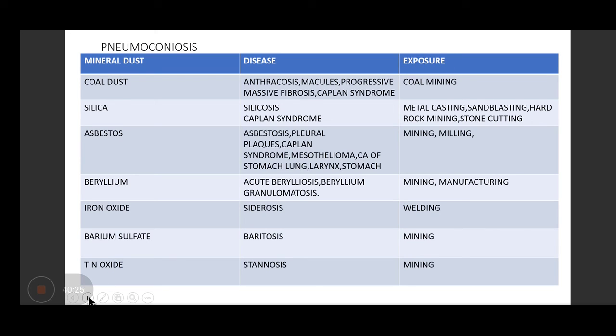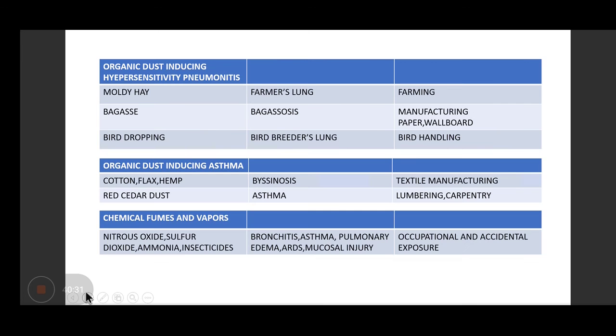For mineral dust, it can be due to coal dust, silica, asbestos, beryllium, iron oxide, also occupational history. And for organic dust, it can be due to moldy hay, bagasse, bird droppings, and organic dust that induces asthma. And then cotton, flax, hemp, red cedar dust, and chemical fumes and vapors.